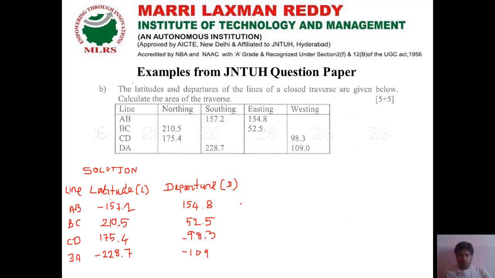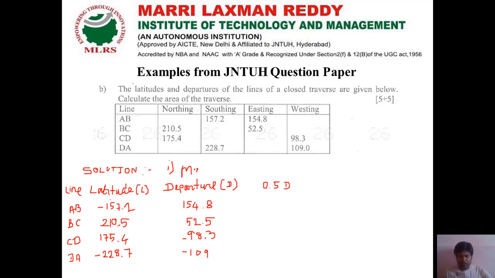Now we have to calculate 0.5 times the departure, that is half of the departure, since our formula requires it. As I already said, there are two methods. One is the meridian distance method, MD.